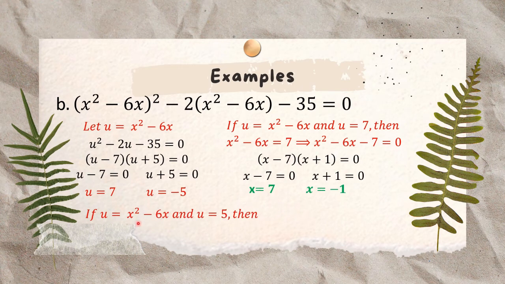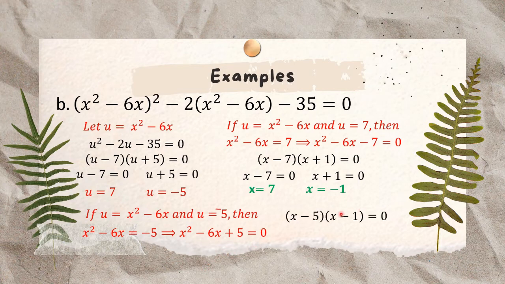Another, if u is equal to x squared minus 6x and u is equal to negative 5, then we have this equation x squared minus 6x is equal to negative 5. And we can write it in this form, x squared minus 6x plus 5 is equal to 0. And the factors are x minus 5, x minus 1. Then, equate each factor to 0. We have x is equal to 5 and x is equal to 1.